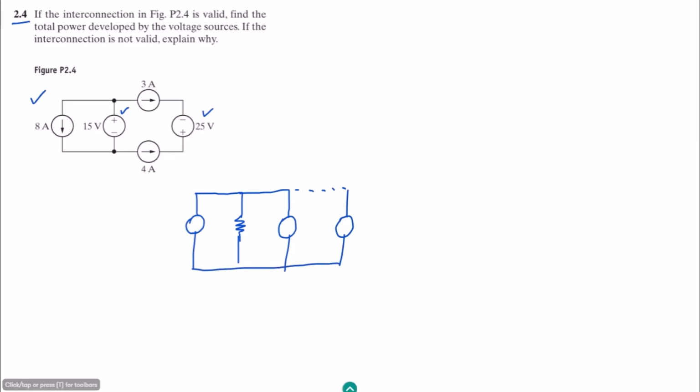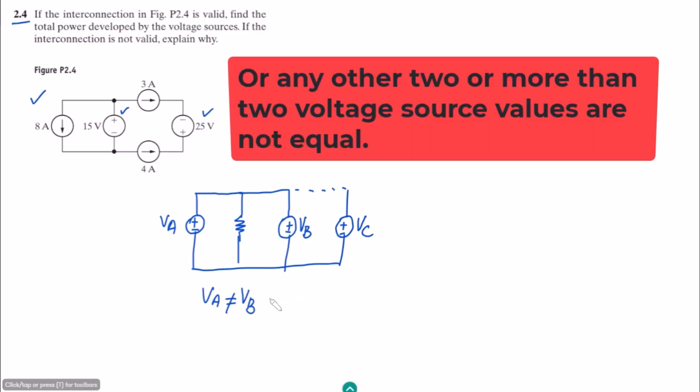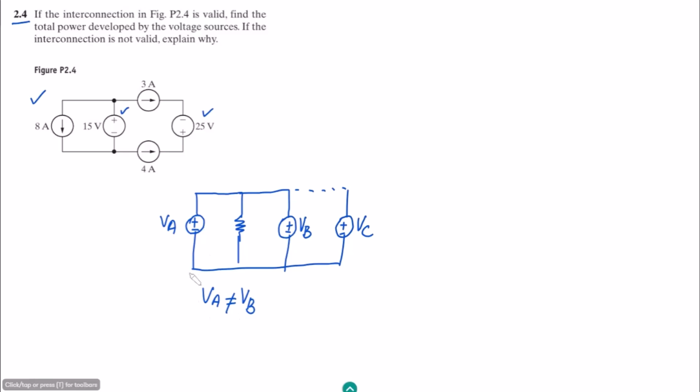Suppose this is VA, this is VB, and there are many, let me have here VC, plus minus plus minus plus minus, such that VA is not equal to VB. So in this case, if you have two or more sources whose voltages are different from each other, this is basically an invalid circuit.